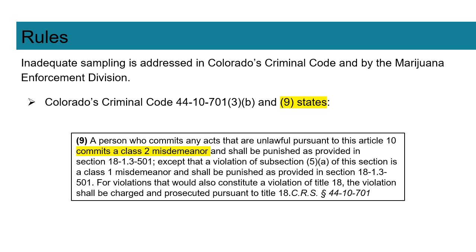Colorado's Criminal Code 44-10-701 9 states, "A person who commits any acts that are unlawful pursuant to this Article 10 commits a Class 2 misdemeanor and shall be punished as provided in Section 18-1.3-501, except that a violation of subsection 5A of this section is a Class 1 misdemeanor and shall be punished as provided in Section 18-1.3-501 for violations that would also constitute a violation of Title 18.